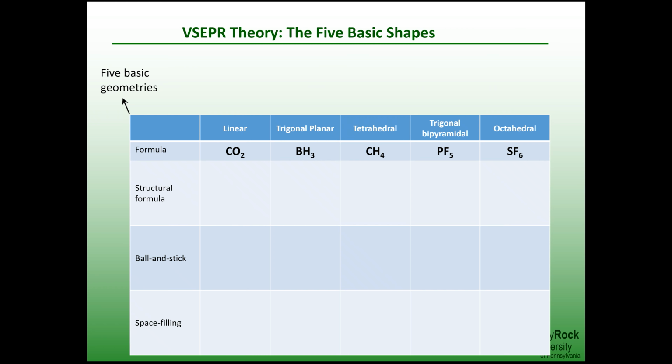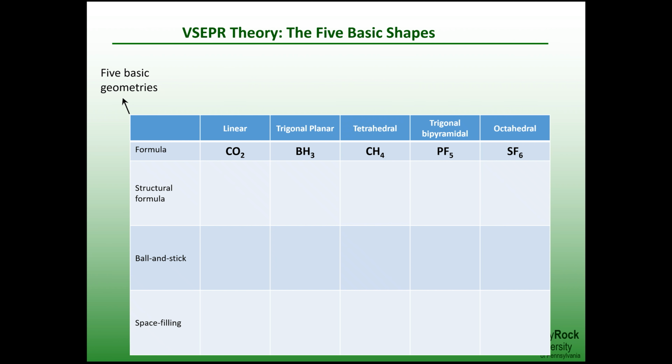These ideal geometries represent the maximum separation of electron groups in space. The table illustrates each of these basic geometries using chemical formulas, structural formulas, ball and stick models, and space filling models.